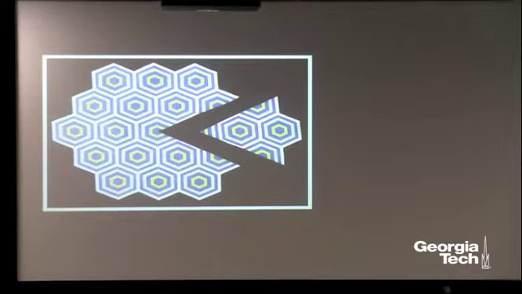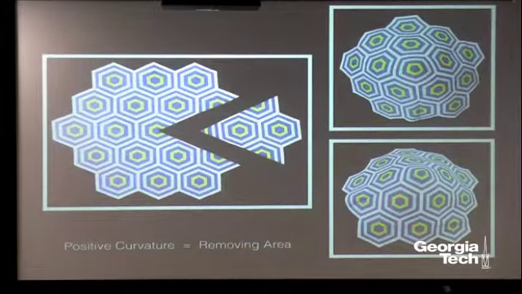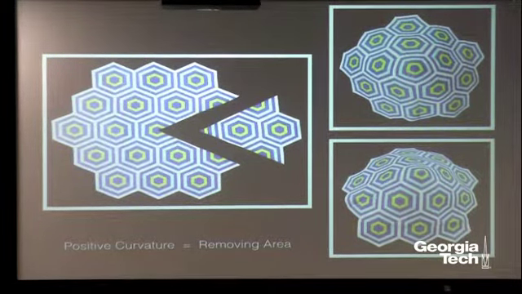And then what I'm going to do is I'm going to join this edge to this edge with a seam. So I get now this conical shape where I've taken out exactly 60 degrees of angle surrounding this point. So that's one way we can measure curvature, is by looking at the angular deficit around this point, so how much angle we've taken away.